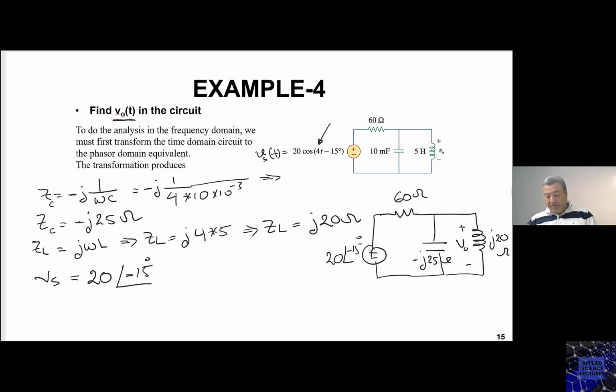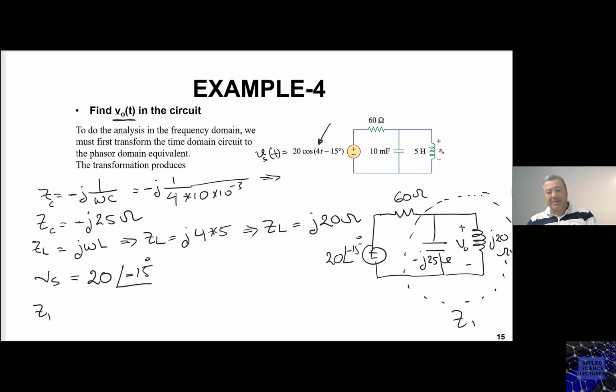You can calculate it by, first, finding the equivalent impedance for this capacitor and this inductor, and then use the voltage division. So here, if you say that this one is Z1.